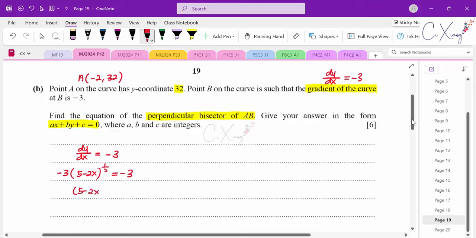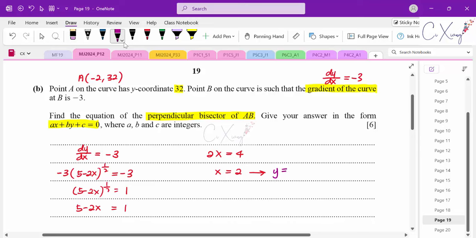From here, you'll get a 1. So when you square both sides, you also get a 1. So your 2x equals 4 and your x equals 2. Okay, when your x equals 2, what happens to your y? Then again, I have to substitute it into my y equation.